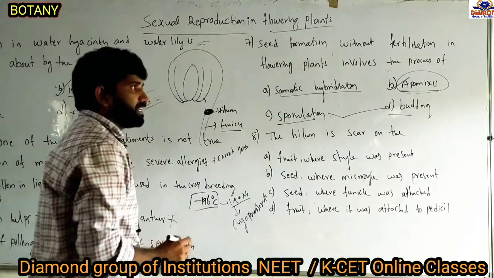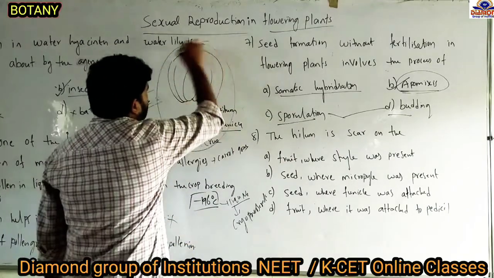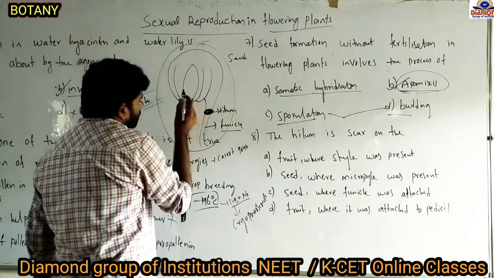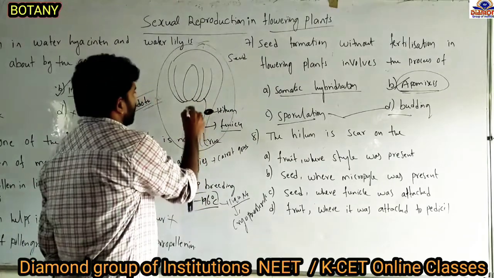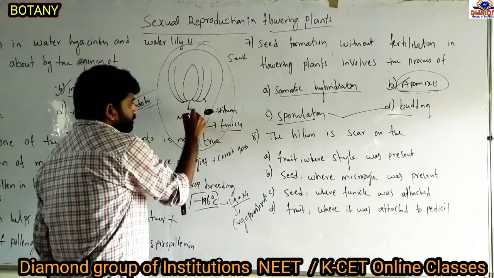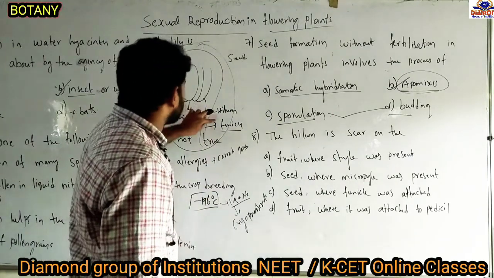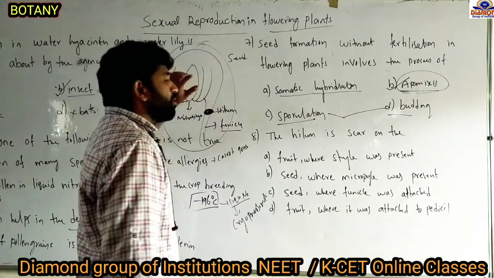After fertilization, this entire ovule acts as a seed. The seed contains a small pore. That pore we call the micropyle. The hilum is the junction between the funicle and the ovular body.